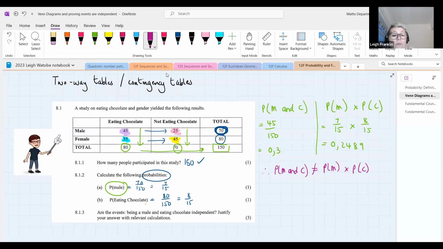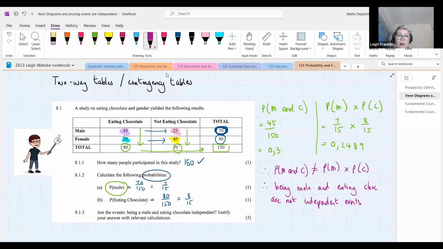And now we would say, are the events of being male and eating chocolate independent? No, they are not. So being male and eating chocolates are not independent events.